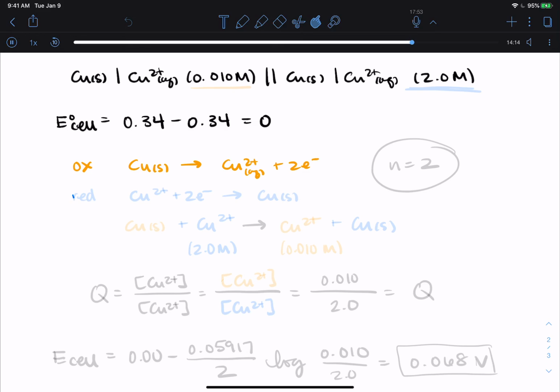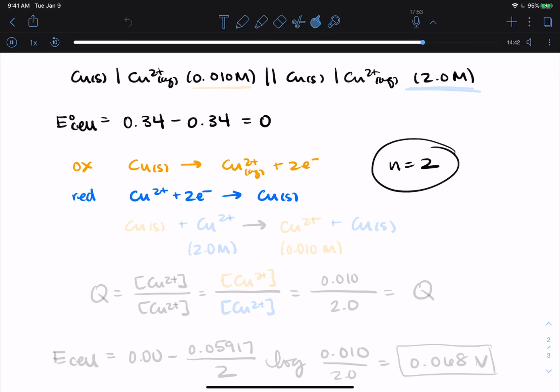Cathode is my reduction. This is where I have copper 2+ gaining 2 electrons to turn into copper solid. If I add these together, the electrons cancel out. So that's my first thing: the number of electrons in the balanced reaction is going to be 2. So that's the value I'll put in.